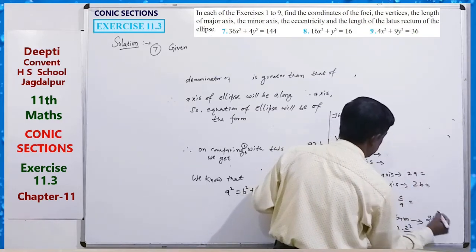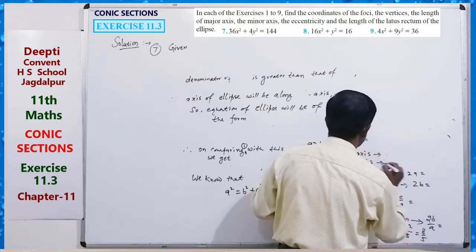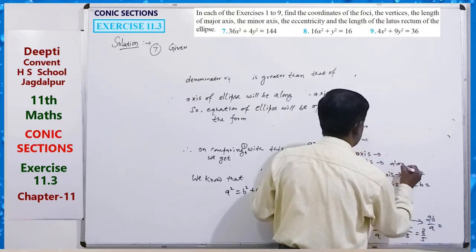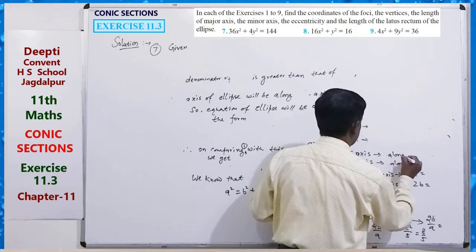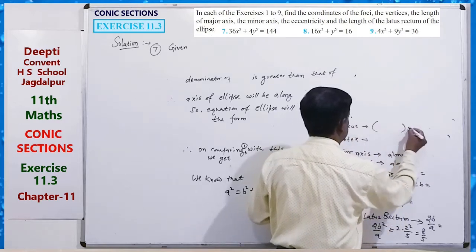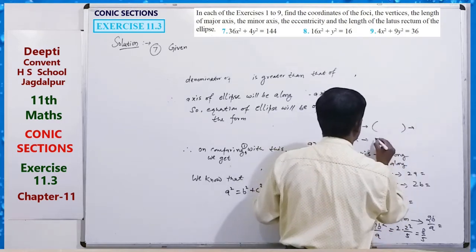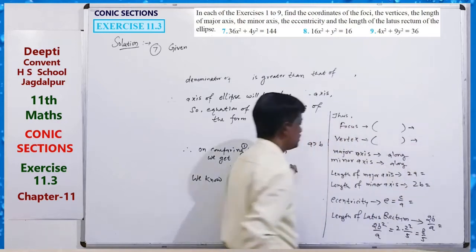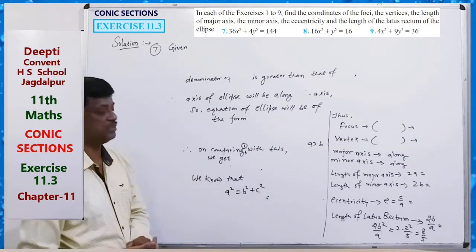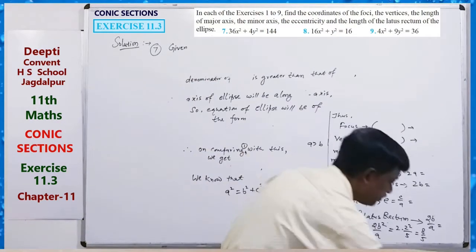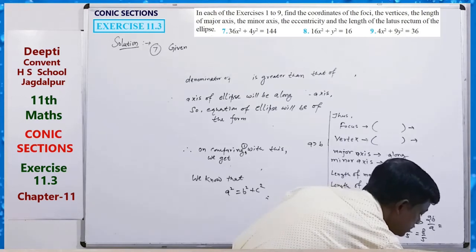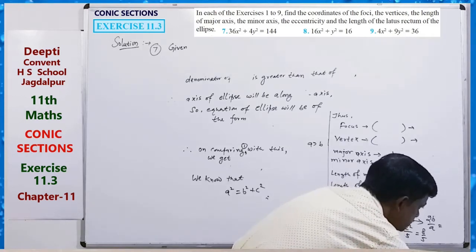Just we have to find all these values. We have to see what is the format of this. This is question 7. Okay, question 7 is what? 36.